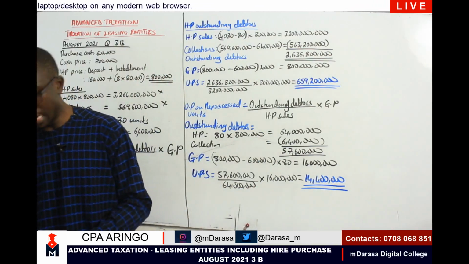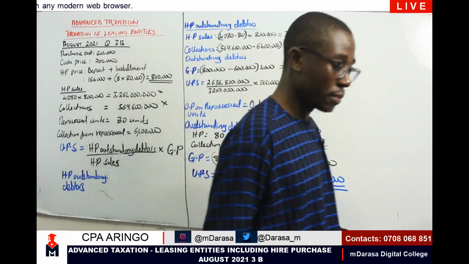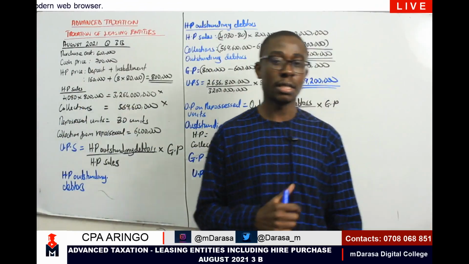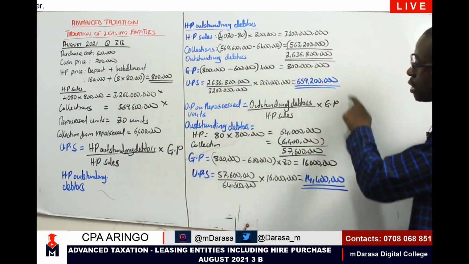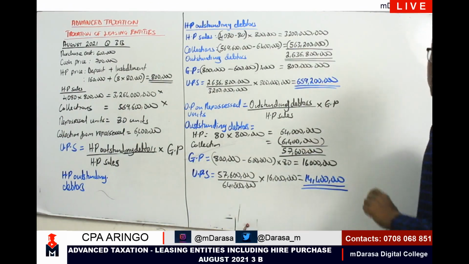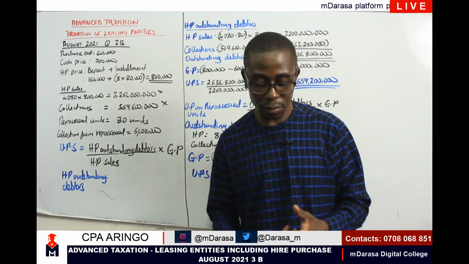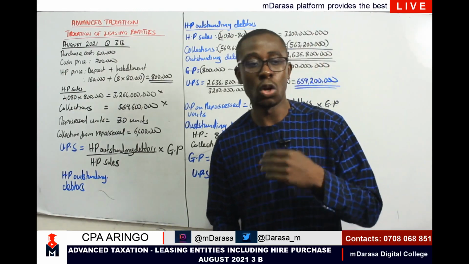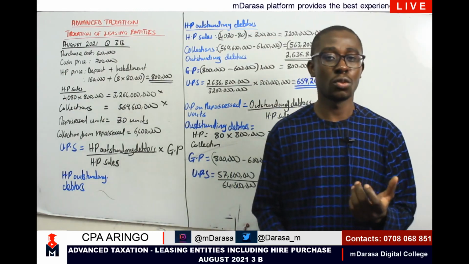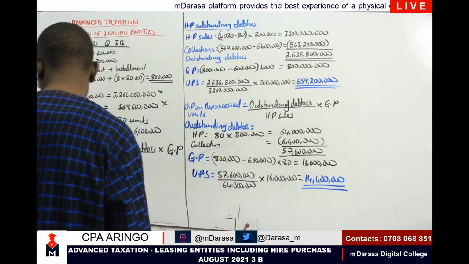Now, after we have determined that, my good students, these items are going to affect the UPS. Then it's upon us to determine, more so for the repossessed goods, whether we had a loss or gain on repossession. That's the next thing we should determine.